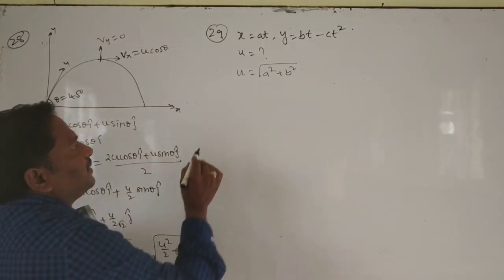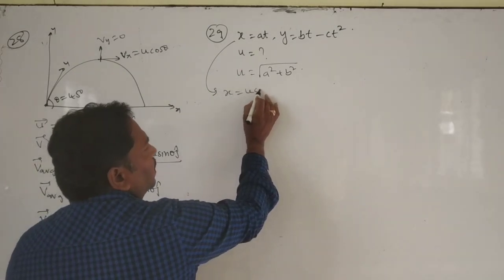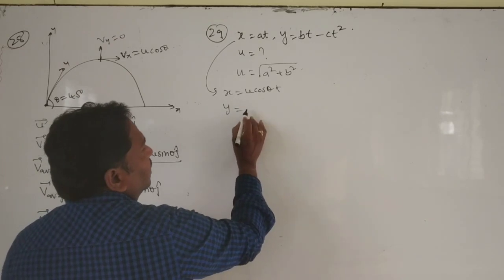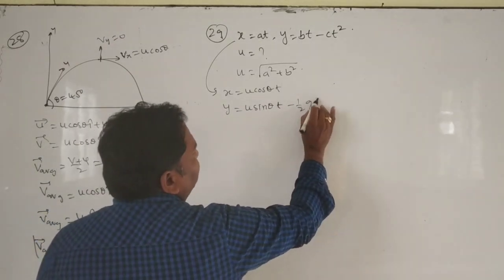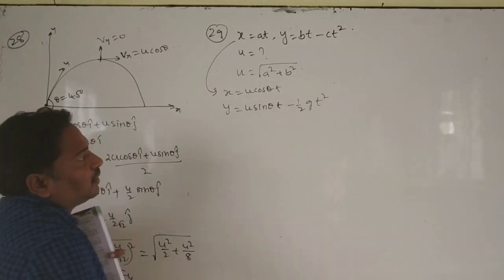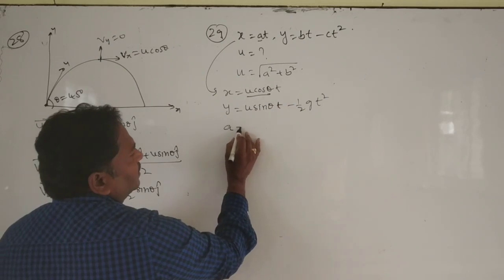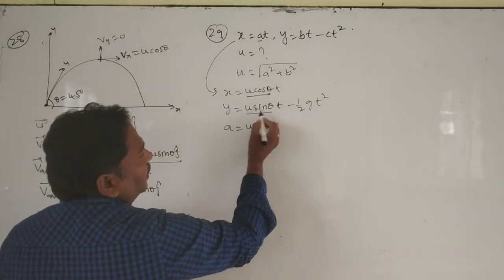Because this can be written like this: x equals u cos theta into t, and y equals u sin theta into t minus half g t square. Now in place of a we have u cos theta, and in place of b we have u sin theta.